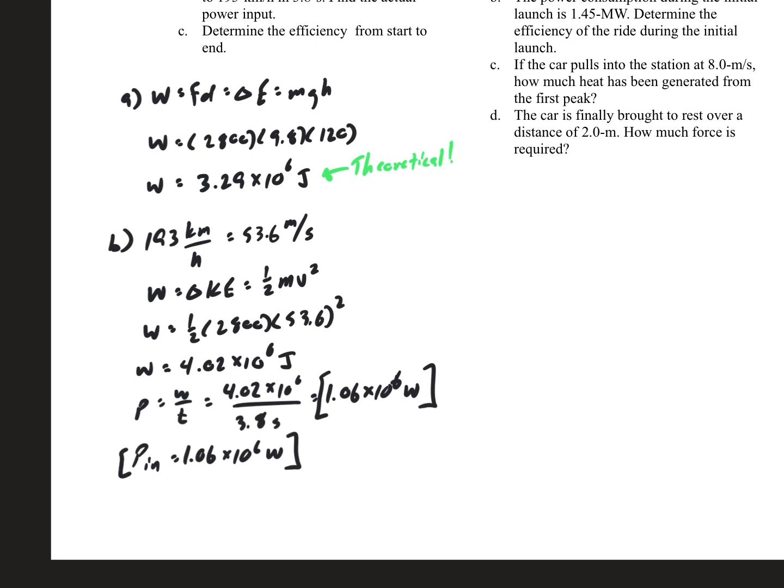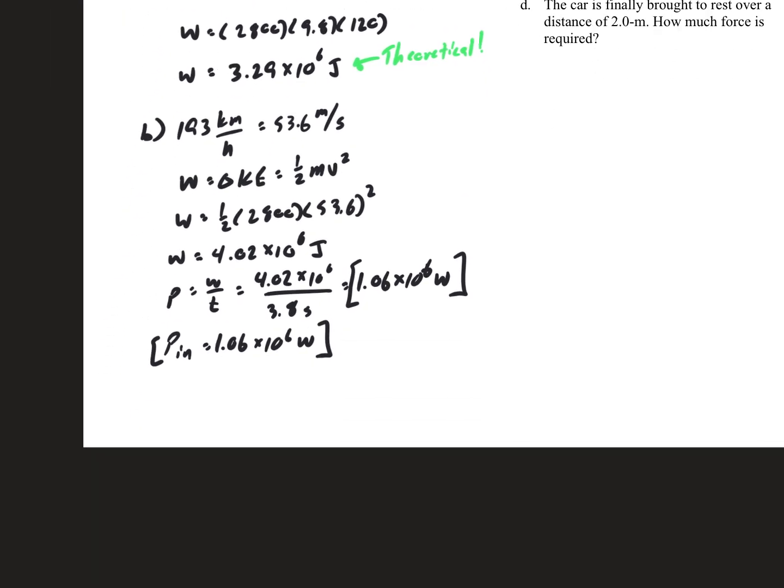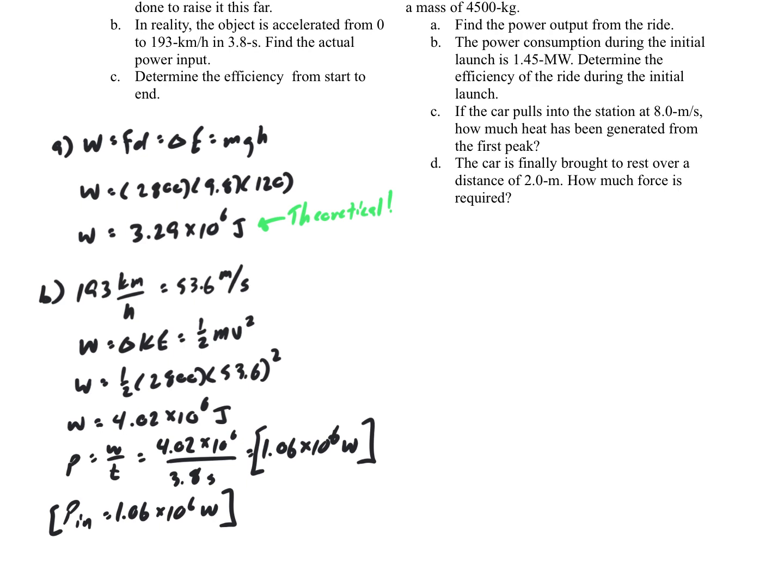And then this last part was to determine the efficiency from start to end. So part C, let's plug it in over here. Basically, I'll use efficiency as the work out over work in.